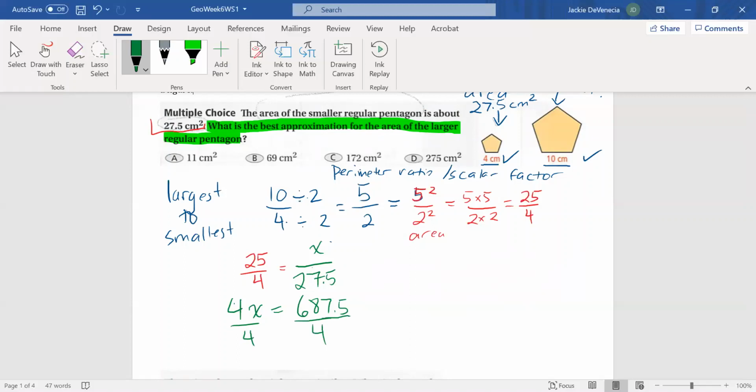Now, when I divide both sides by 4, I'm going to get something like 171.875. So let's write that down. X is equal to 171.875.